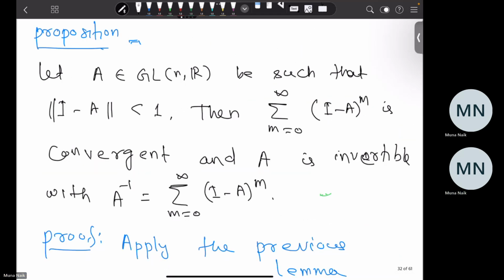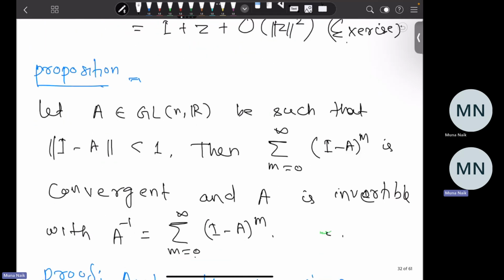Let A belong to GLn(R) with norm of I minus A less than 1. Then the summation over m equals 0 to infinity of (I minus A) to the power m is convergent, and A is invertible, with A inverse given by the summation over m equals 0 to infinity of (I minus A) to the power m. Okay, so this proposition I have proved.